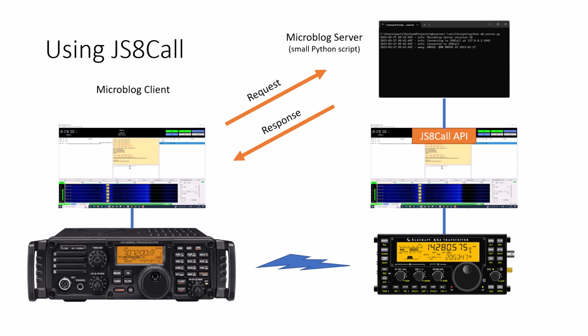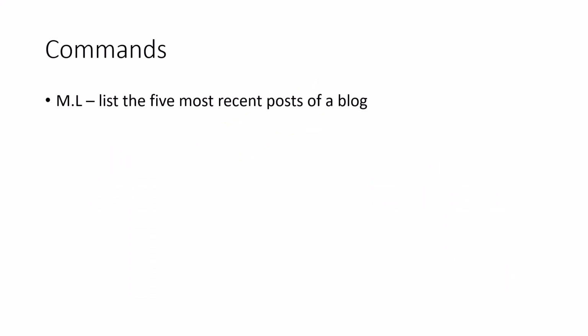Before we jump into the demo, let's have a look at the actual commands. These are the commands that we send to a server. All of these, except for the last one, which I'll talk about in a second, must be directed to the station that's running the server. We've got a simple command, m.l, that lists the 5 most recent posts.